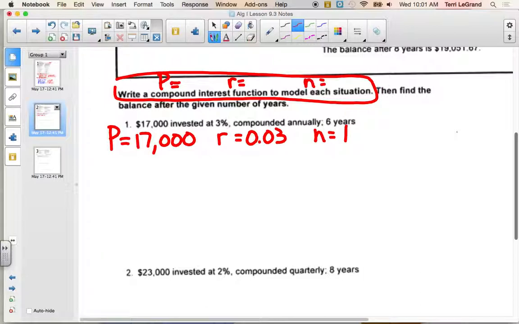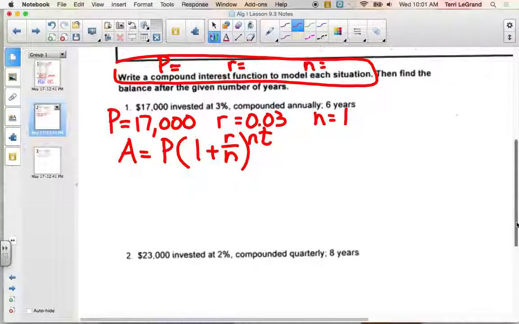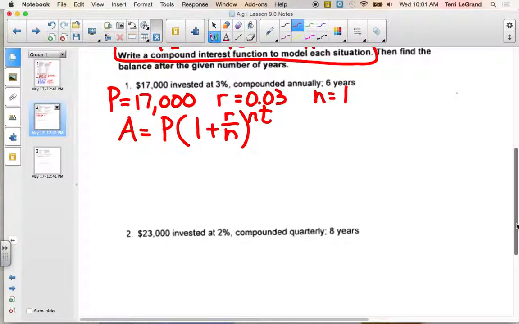Okay. So let's go into our model now. First, let's write down our model. Capital A equals capital P times 1 plus R divided by N, that's going to be taken to the NT power. There's our model. And now we're going to substitute into that those 3 things we identified.